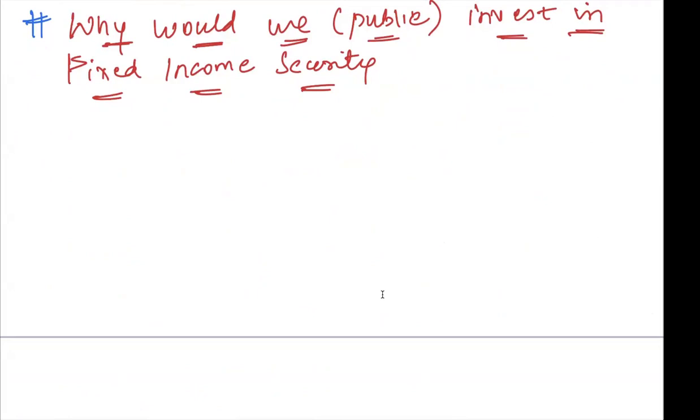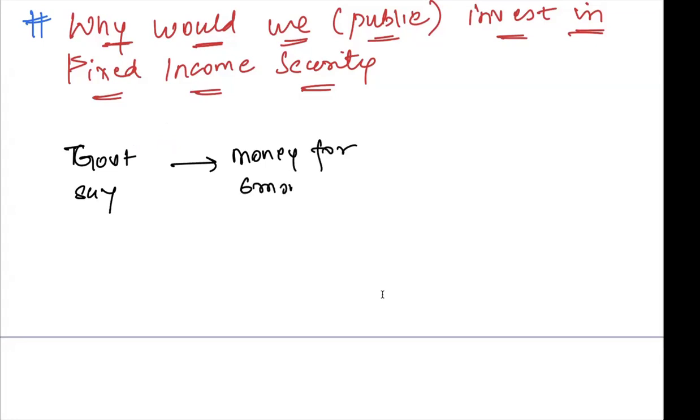Okay. So let's say the government says that if you give me money for 6 months, let's say $950, after 6 months I'll give you $1,000.